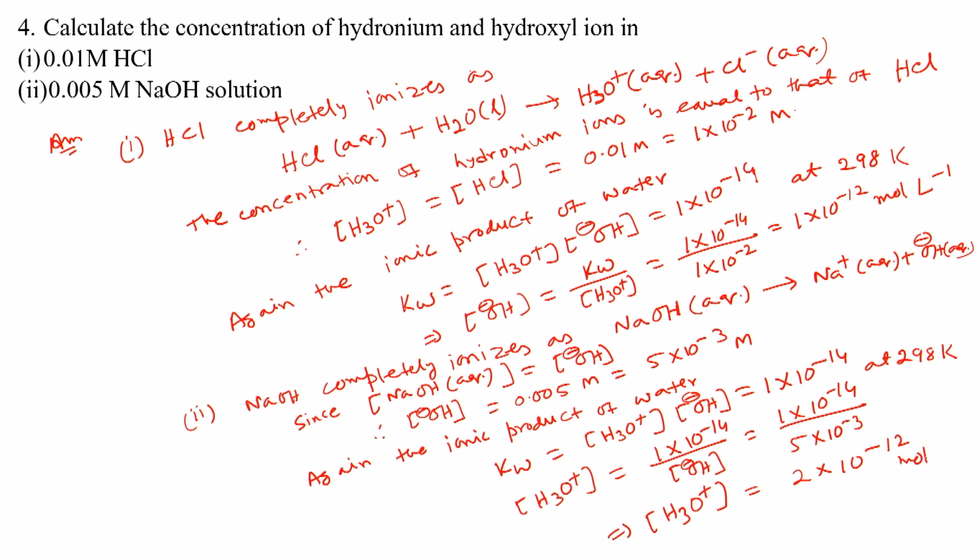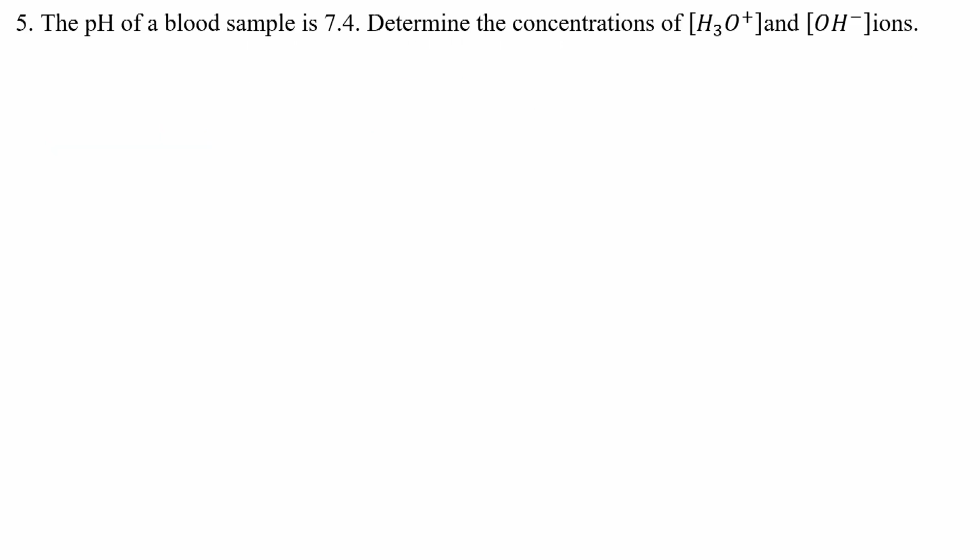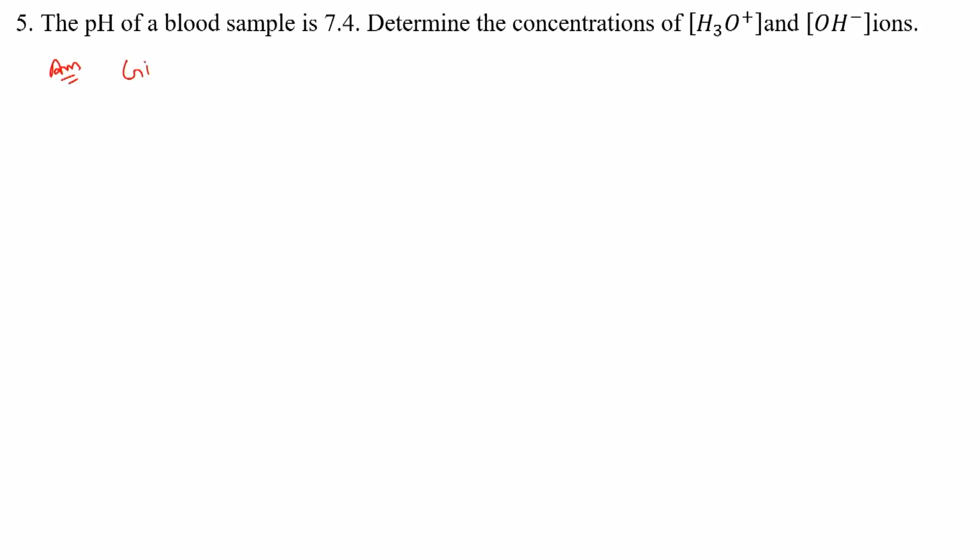12 moles per liter. Problem number 5 says the pH of a blood sample is 7.4. Determine the concentration of H3O plus and OH minus ions. So, given the pH of a blood sample is 7.4, right. So, minus log base 10 of concentration of H3O plus is 7.4.